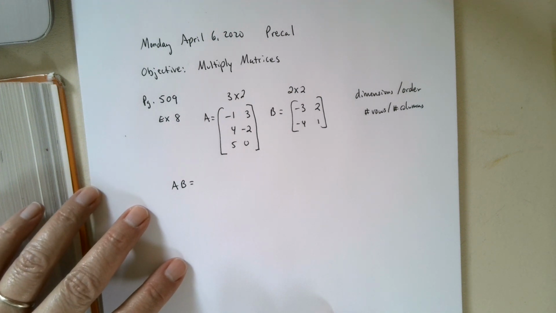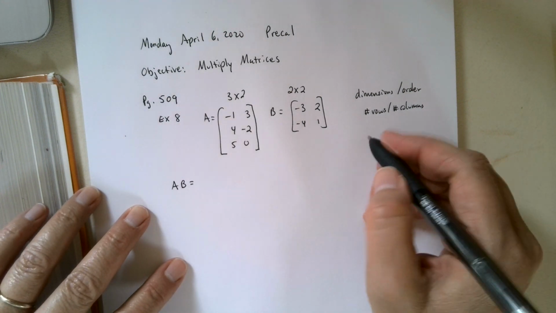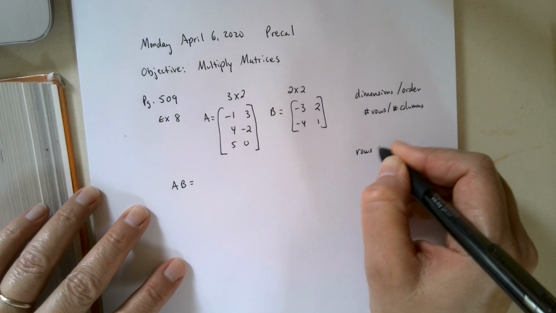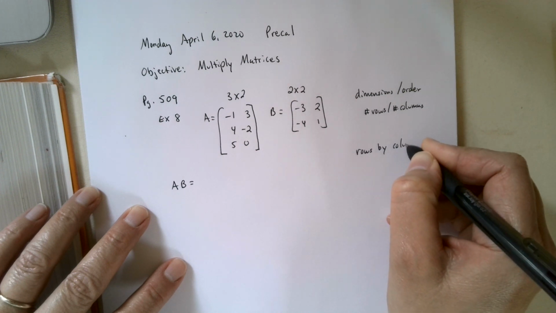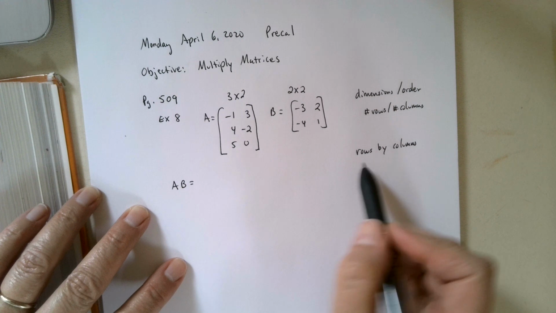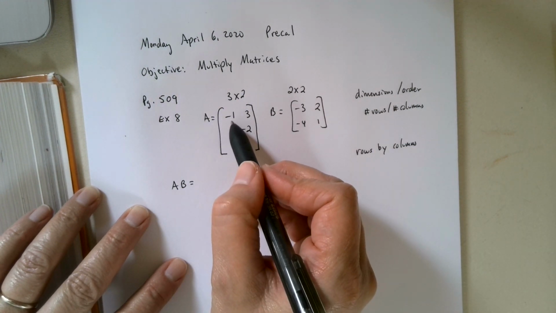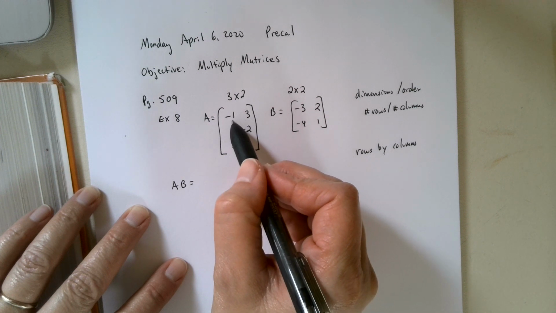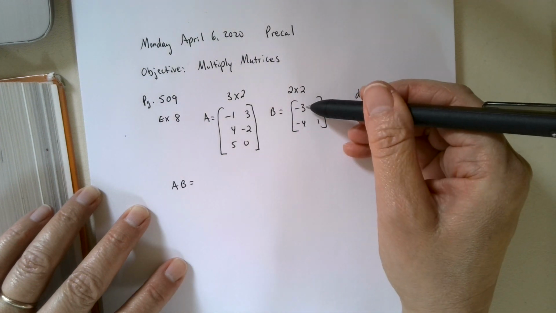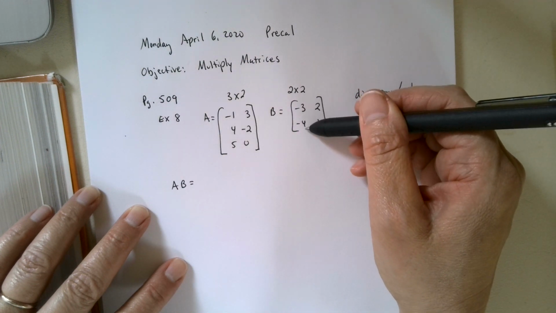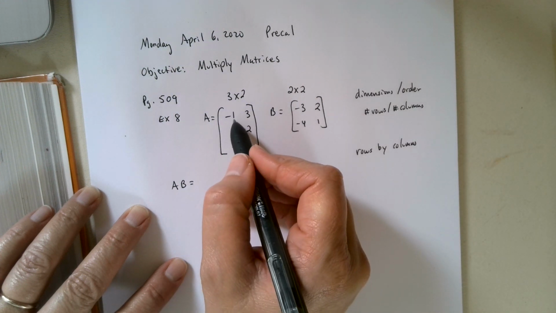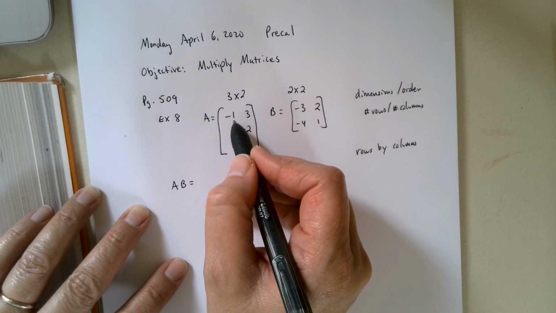And so what we're going to do is multiply the rows by the columns. Remember, rows go across, columns are up and down. So I'm going to take the first row in matrix A, and I'm going to multiply it by the first column in matrix B. And you do that element by element.